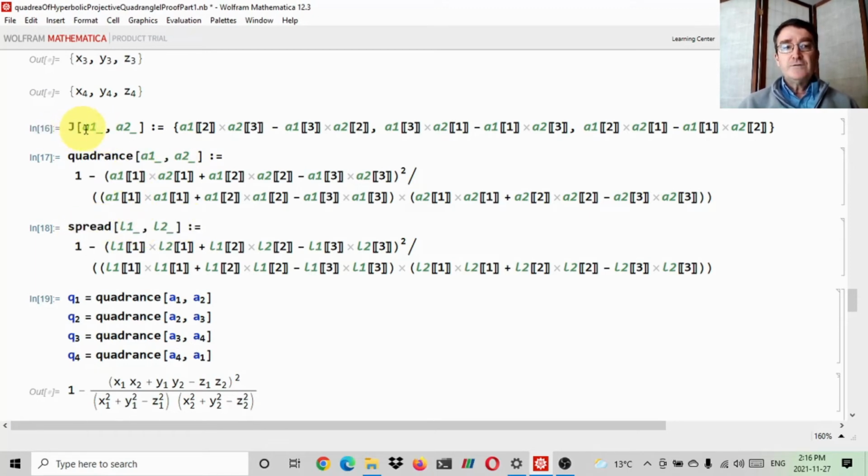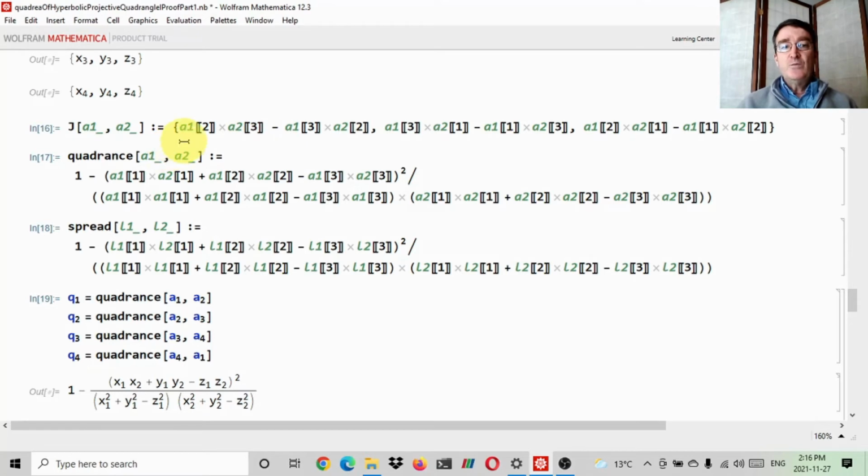So the join of 2 projective points gives a line, and that's given by this expression here. It's the second parameter of A1 times the third parameter of A2.